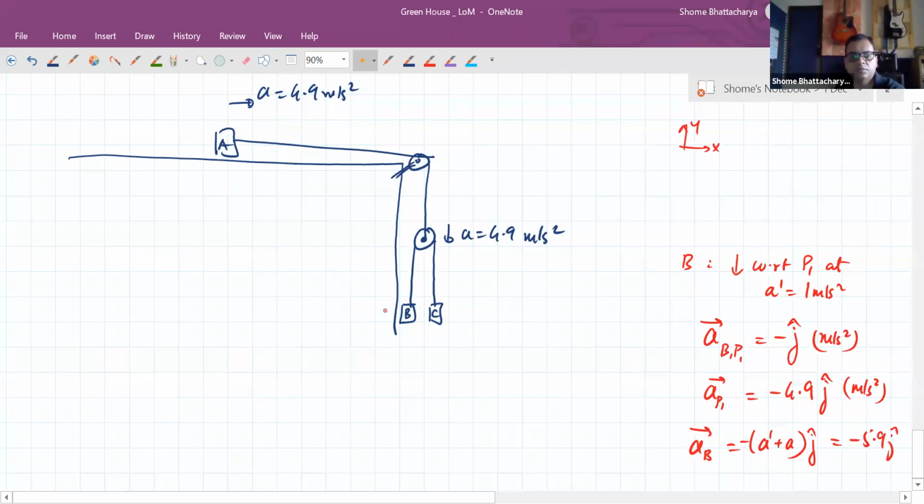So in the ground frame, this block will have a downward acceleration of A prime plus A. So that will be 5.9 meters per second square.